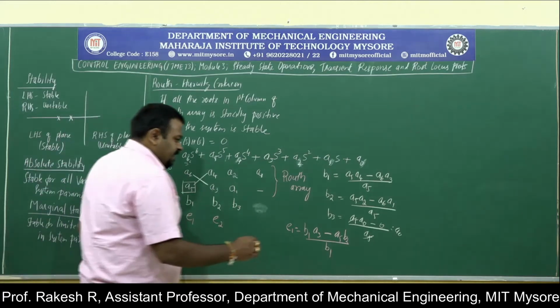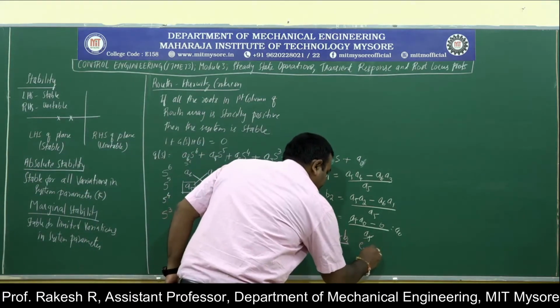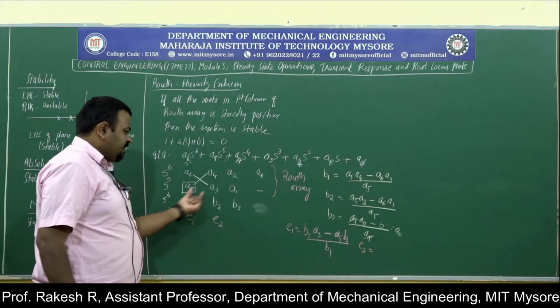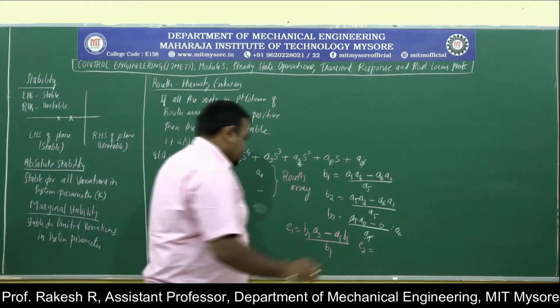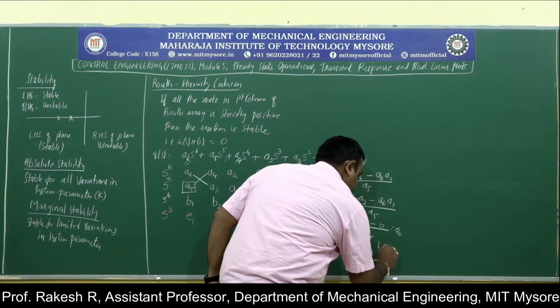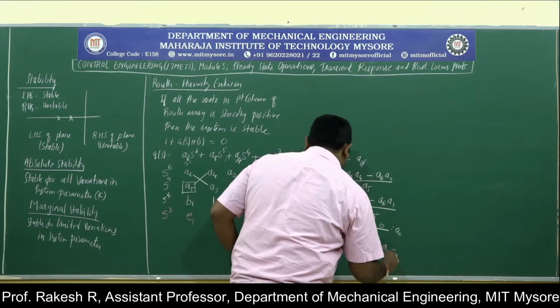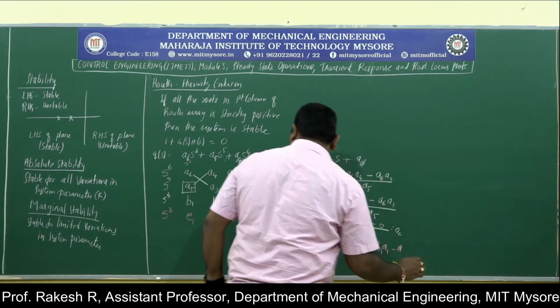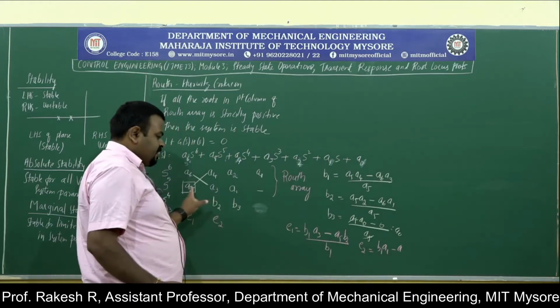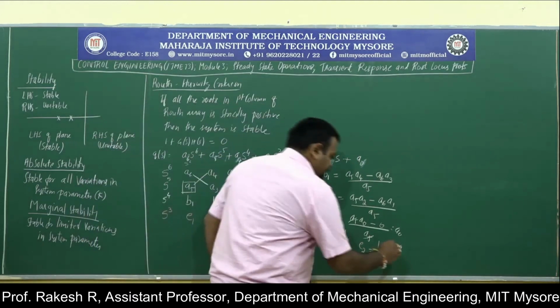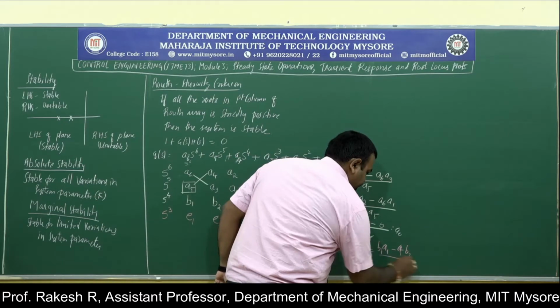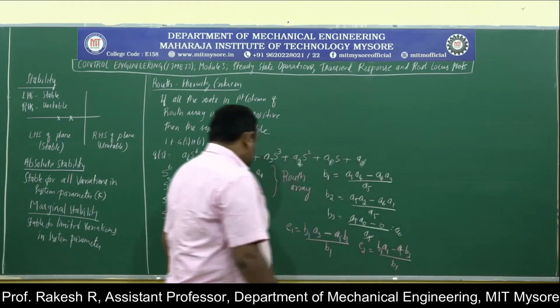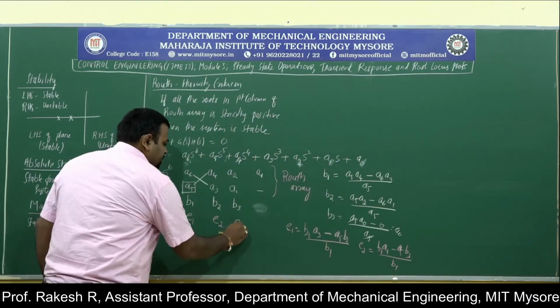Next c2 is the same: b1 into a1 minus a5 into b3, divided by b1. Next c3, that is also possible.